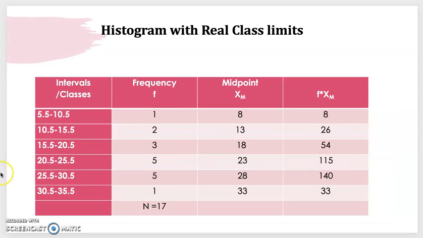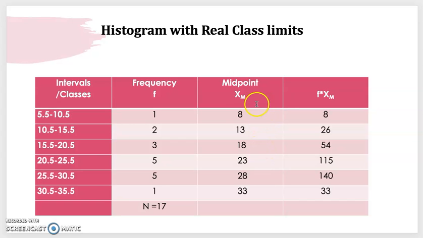Then how will we graph? The most important thing after you have your frequency, right, so then you have your count. But we want to graph the histogram like a board, so you need to know the midpoint. The midpoint is the middle point from your range. So 5.5 to 10.5, that will be 8.